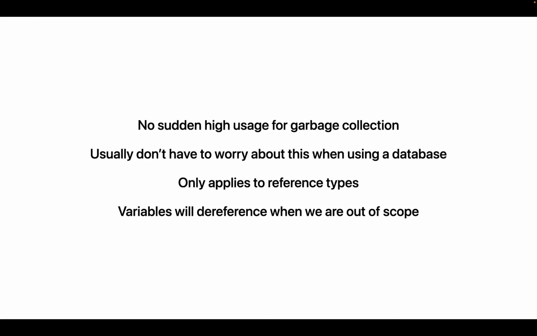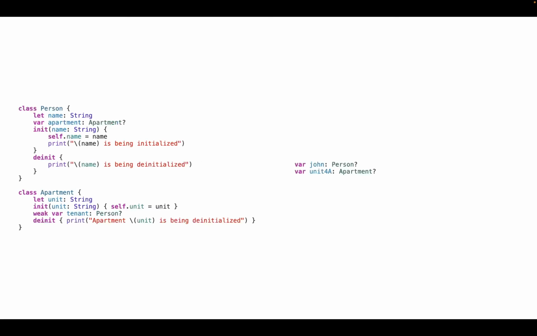What do you mean by that? Yeah, sure. Slide? Yeah. So let's suppose in here, if I destroy the apartment reference unit4a, what would happen then? Okay, let's go back to this one.